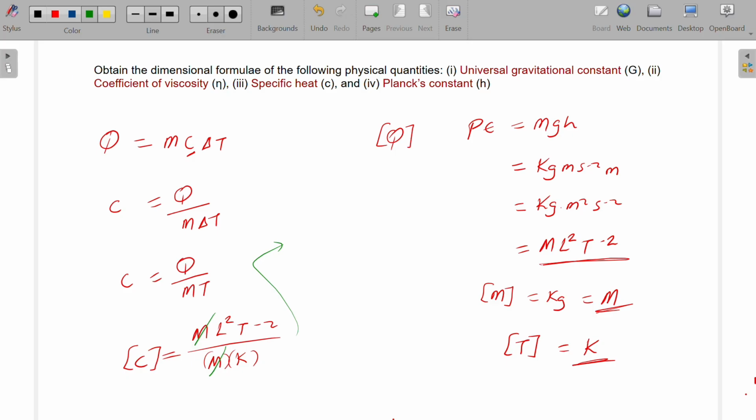What we'll have now is L to the power of 2, T to the minus 2, and K down here. When we take our K up, what we'll have is L to the power of 2, T to the power of minus 2, and K to the power of minus 1. So these are the dimensions we are looking for for specific heat. So there we have it.